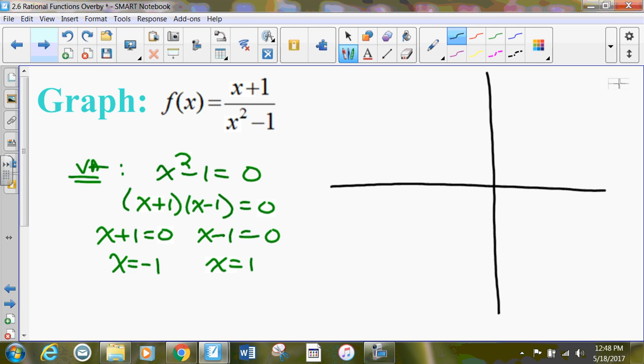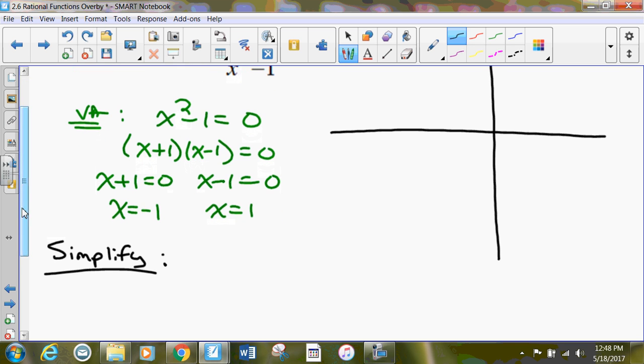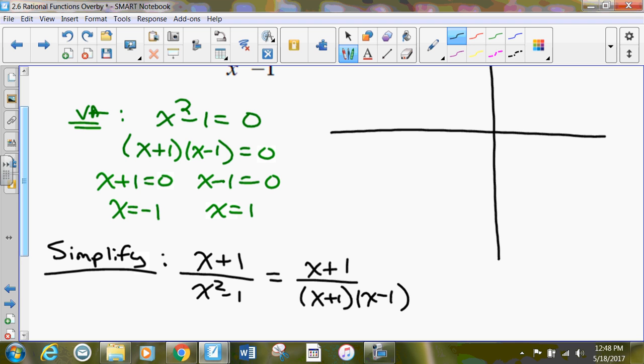So we're going to add a new step, and that is, when we're done with our vertical asymptotes, we're going to add simplify. So that means take your function and put it in its most simple terms. So when we see (x plus 1) over (x squared minus 1), we know that's equal to (x plus 1) over (x plus 1)(x minus 1), and we say, oh, x plus 1 completely cancels out with x plus 1.